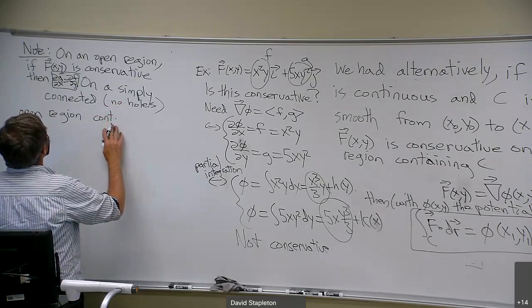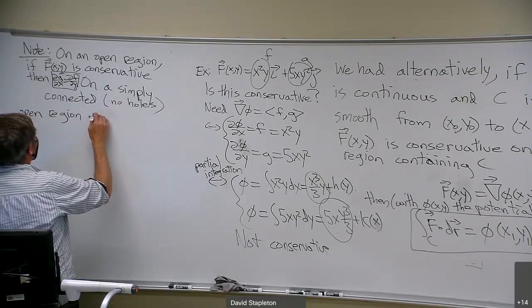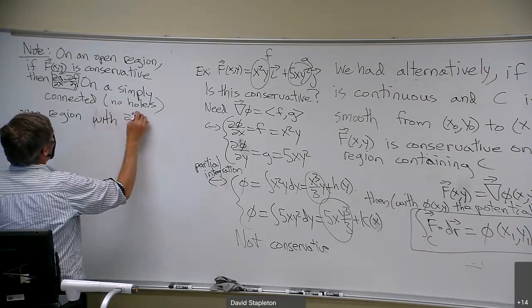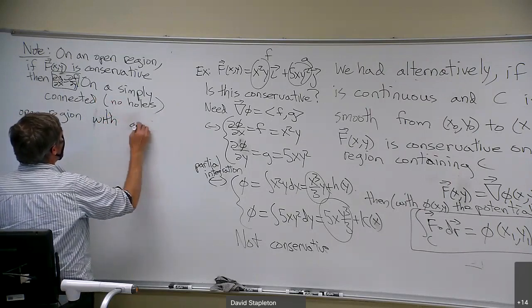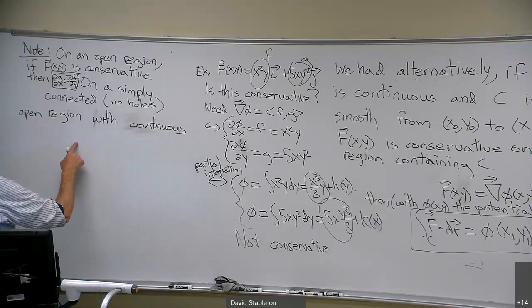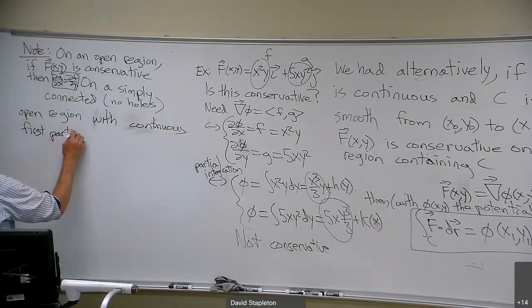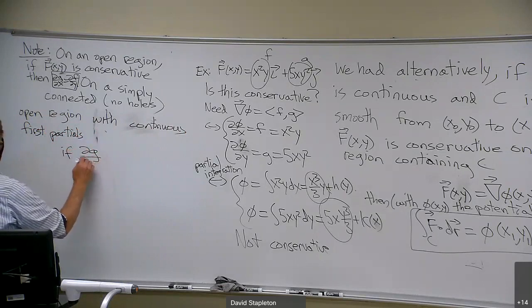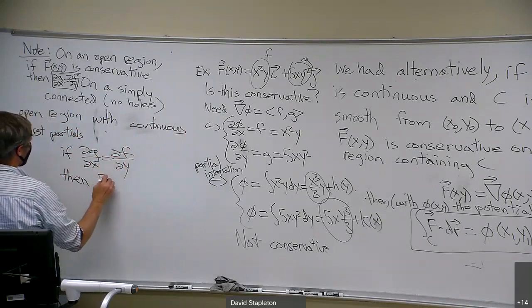On a simply connected open region, if the first partials are continuous and dg dx equals df dy, then f is conservative.